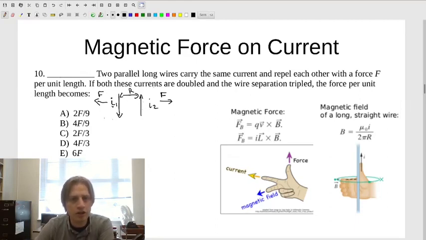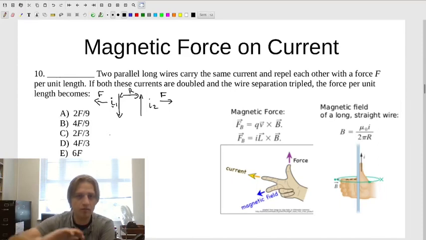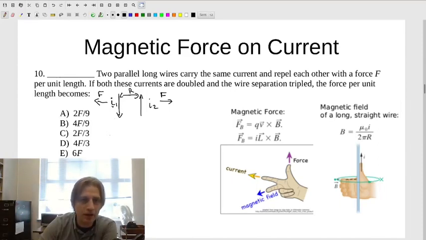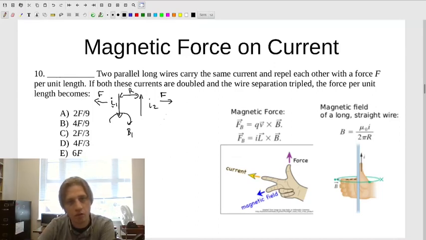You have some R. Now, a good way to think about this is that you have a magnetic field from the first wire. If we're just concerned about the force on the second wire, the magnetic field from the first wire acts on the current in the second wire to create the force that's acting on it.